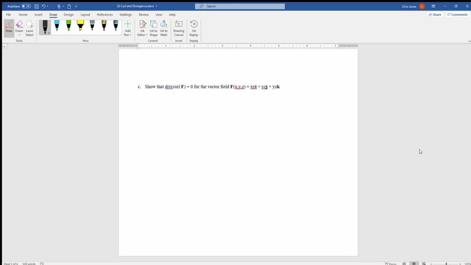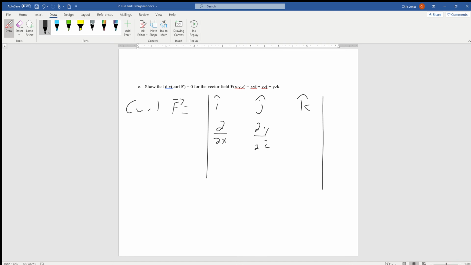And we're just going to go through and try to figure out what the curl is first and then find the divergence of that. Okay, so to find the curl, first of all, we just set up our matrix. This one's actually going to be pretty easy because we don't have anything too long. Remember, you put the partials, so partial of x, partial of y, partial of z.